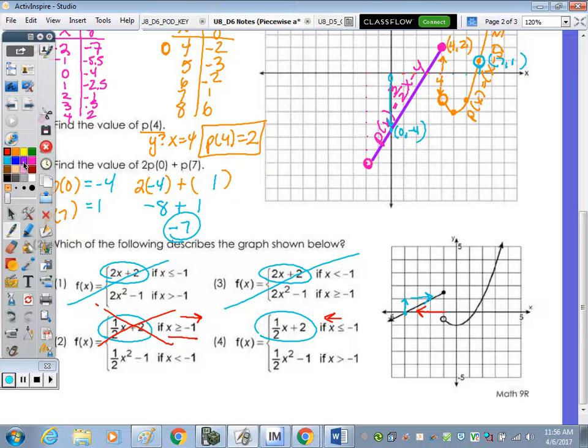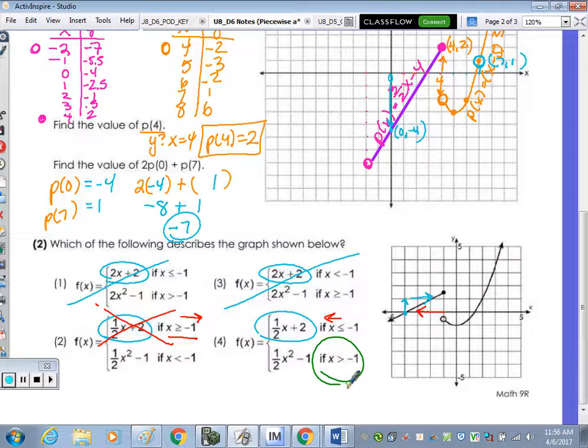But let's just talk about the quadratic before we stop. So at x greater than negative 1, there's the open circle, and then it's shading to the right side, and it does have the arrow. It doesn't stop, so 4, yes, is the correct answer.